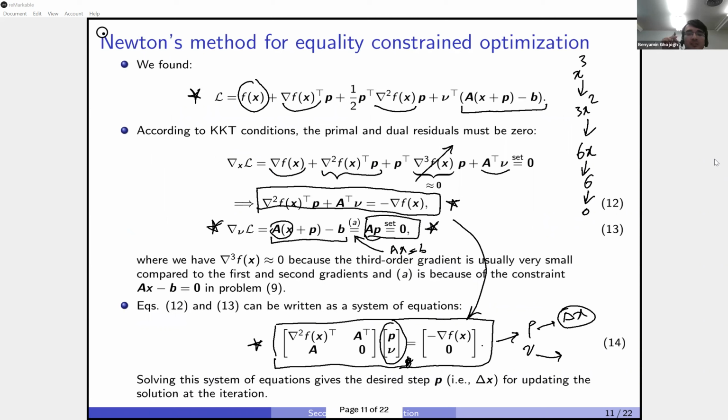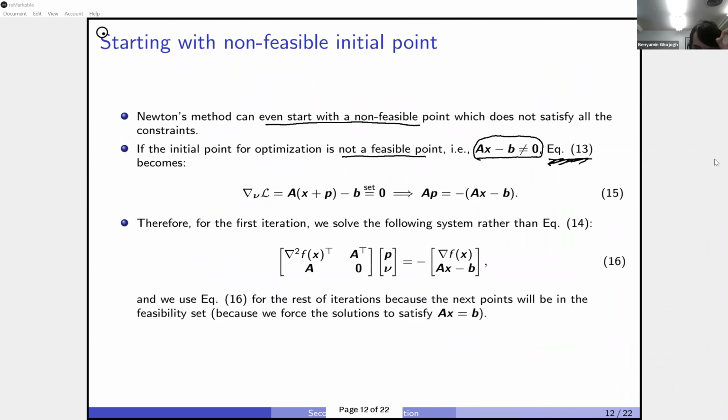Now, in the first iteration, if we start with a non-feasible point, we can't use it here anymore because it's not satisfying Ax equals b. Let's see what we should do. Then the derivative of the Lagrangian with respect to nu becomes Ax minus b. Then we can't say Ax equals b to cancel b. Then we'll have this. So rearrange it, we'll have this.